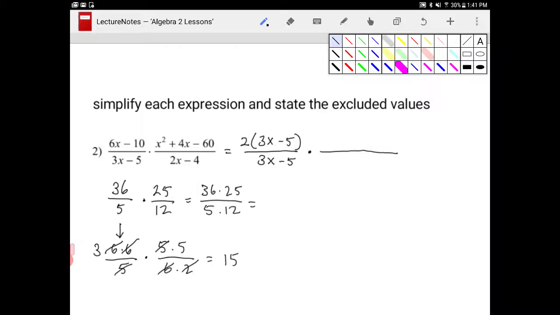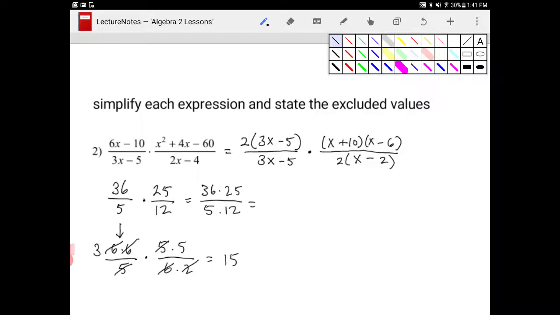I believe that would be 5 and 12. No, 5 and 12 does make 60, but doesn't add to 4. What about 10 and 6? 10 and 6 would do it. So I have x plus 10 and x minus 6. And then the denominator, I have 2 times x minus 2.